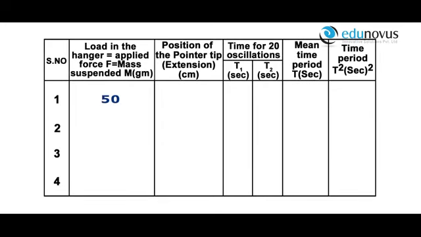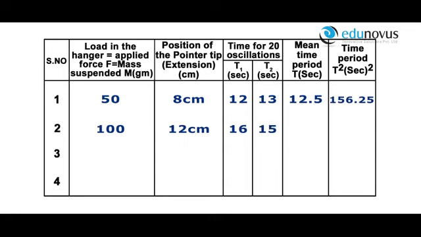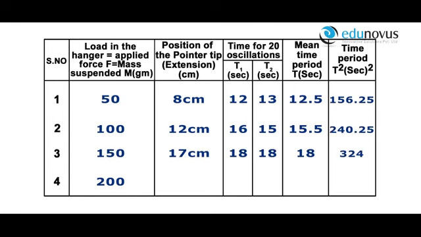For a load of 50 gram, the position of the pointer is 8 centimeters and the time taken for 20 oscillations, T1 is 12 seconds and T2 is 13 seconds. Therefore, the mean time T is 12.5 seconds and the corresponding T square is 156.25. Similarly, the values for the loads of 100, 150 and 200 grams are as follows.